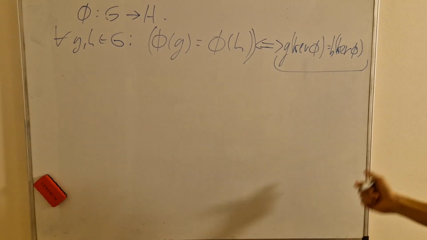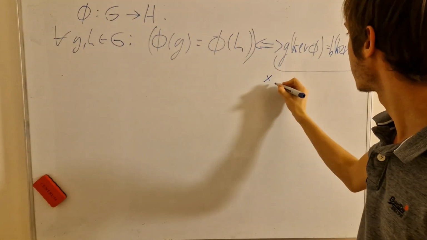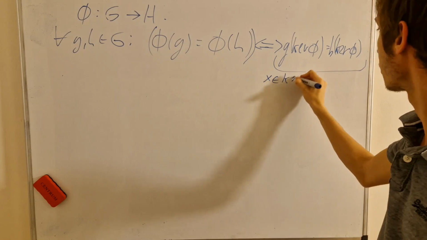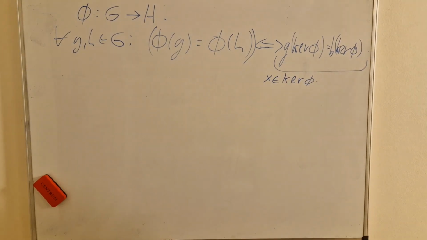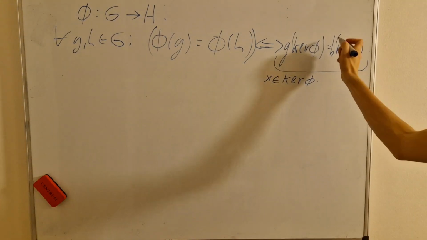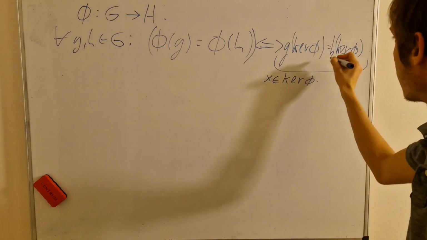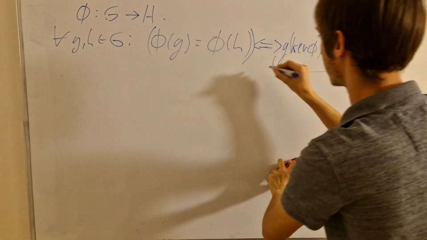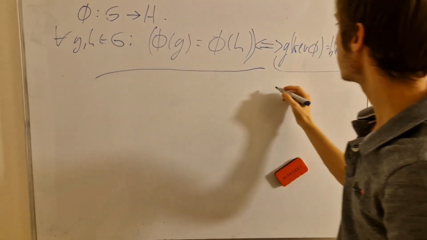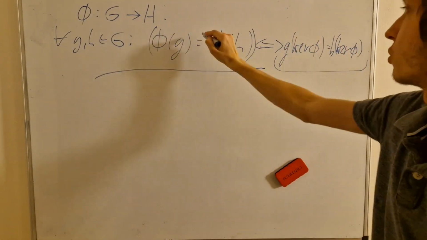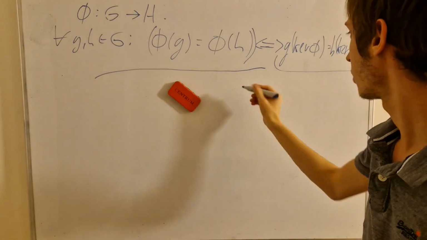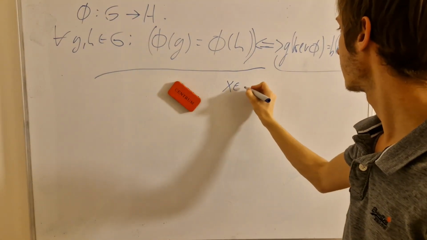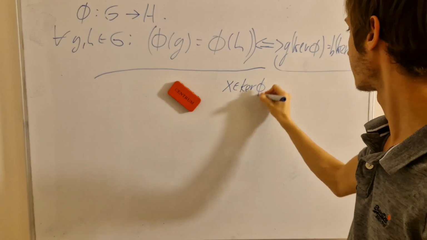Well, that means that if we take some x in the kernel of phi, then this thing should be equivalent. So I'll write this separately. We'll basically be doing the proof from this side, and gradually we'll get here in a second. So I say that some x is in the kernel phi.